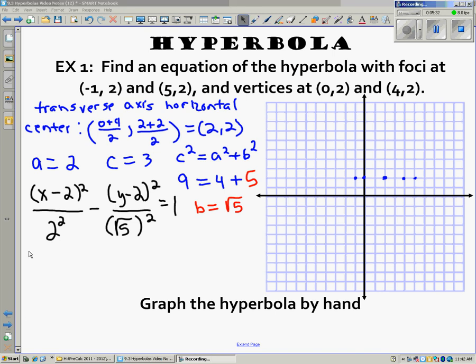In the next example, I'll go ahead and find the asymptotes two different ways, but in this one, I'm going to go ahead and use the rectangle.